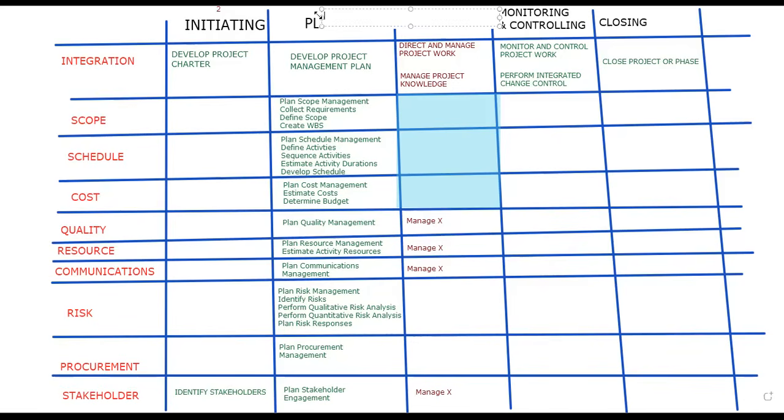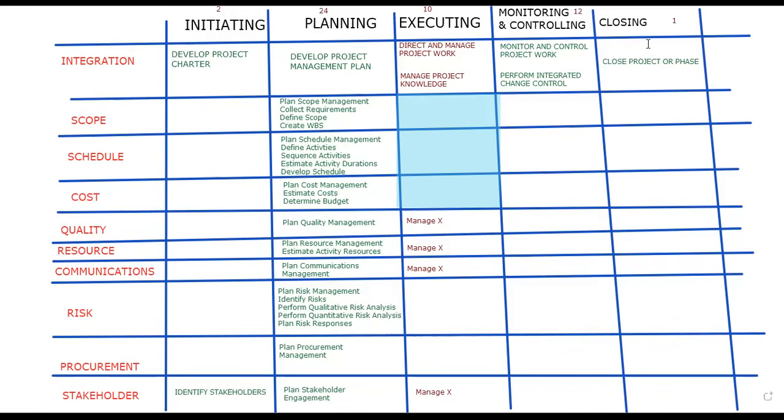Here we have 24. And here 24 in executing, 10 in monitoring and controlling, and then 1 in closing.